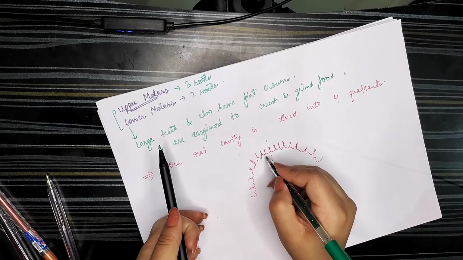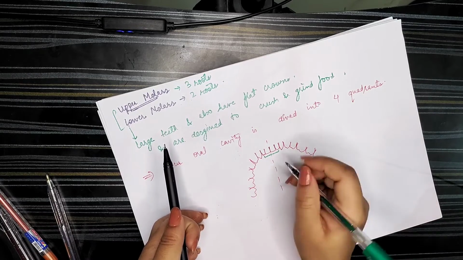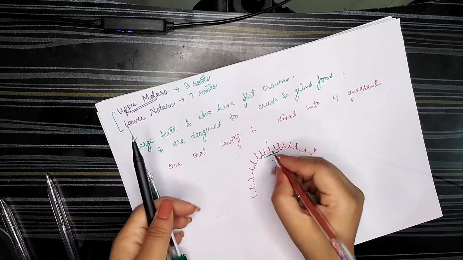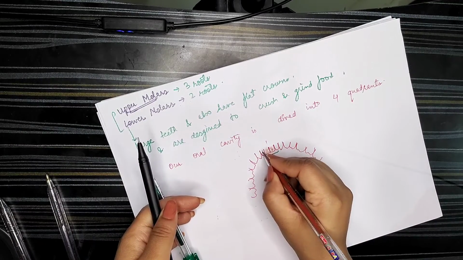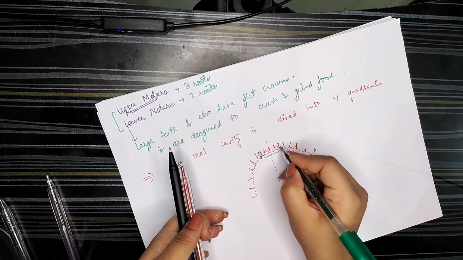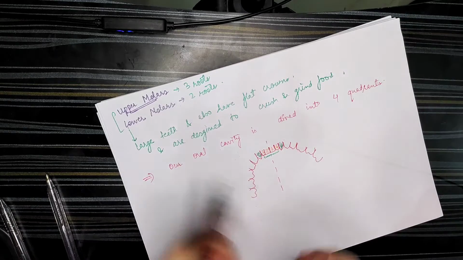So these 4 are incisors. This is the central incisor, this is the lateral incisor. These 2 are canines.